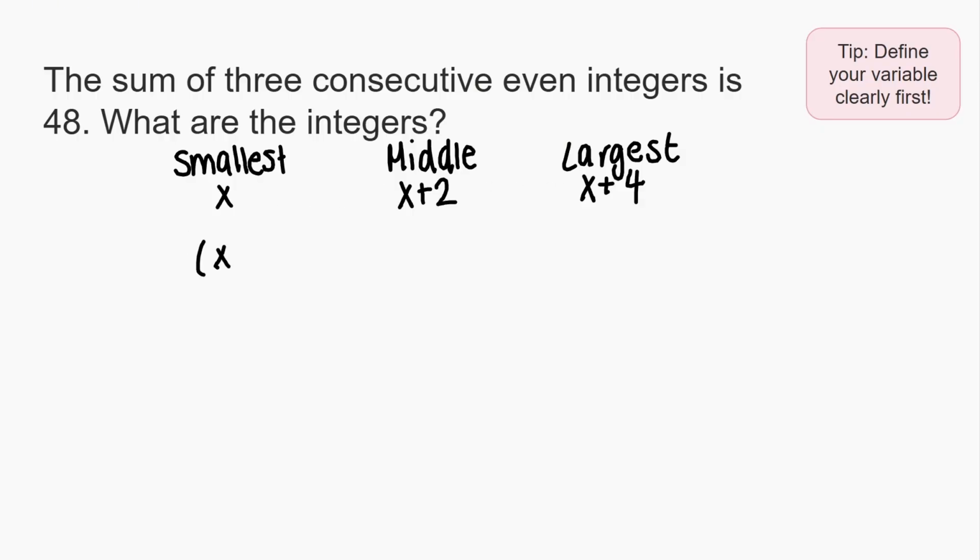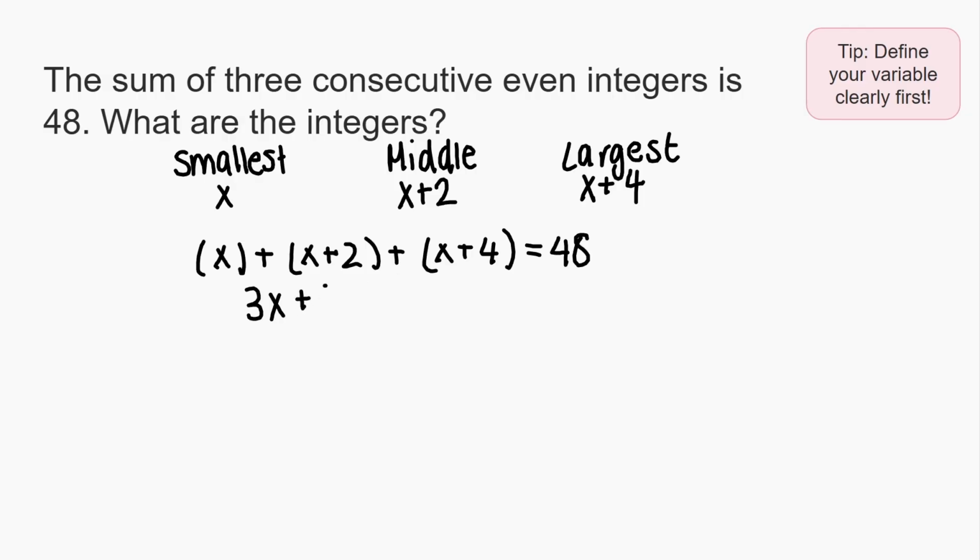Let's do that now. x plus x plus 2 plus x plus 4 is equal to 48. So we have 3x, plus 2 plus 4 is plus 6, equal to 48.